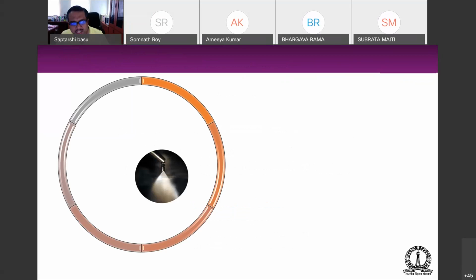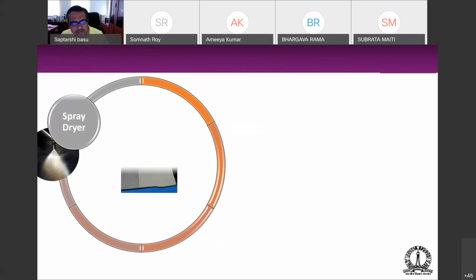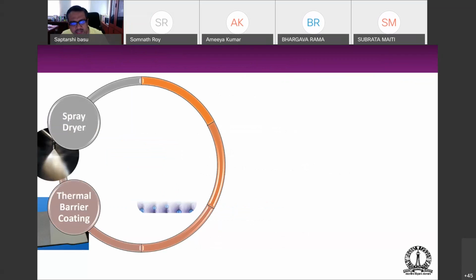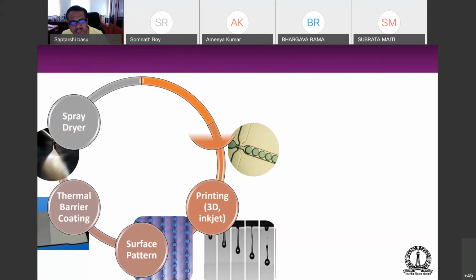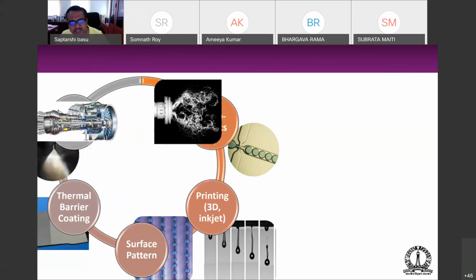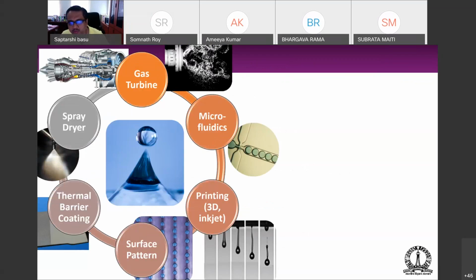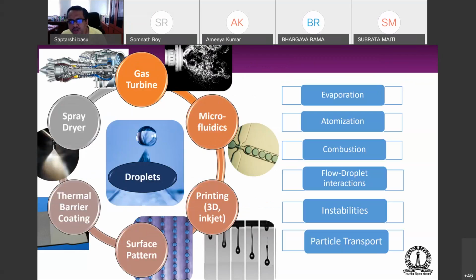So just to give an idea of the research that we do. This is a small cartoon which basically presents the different applications that we work on. So mainly we work in the area of droplets, which range from droplets at a very small scale, right up to gas turbines, spray dryers, thermal barrier coatings, and so on and so forth.